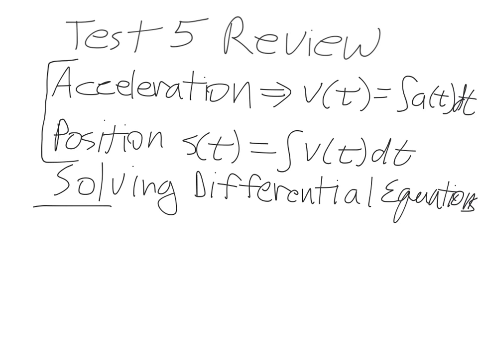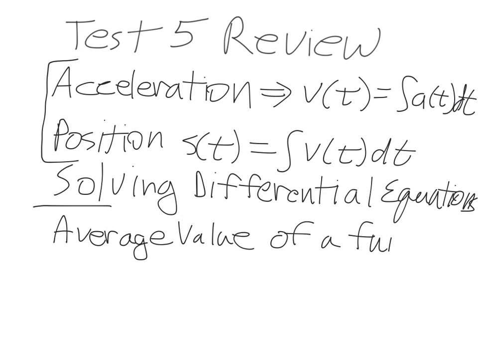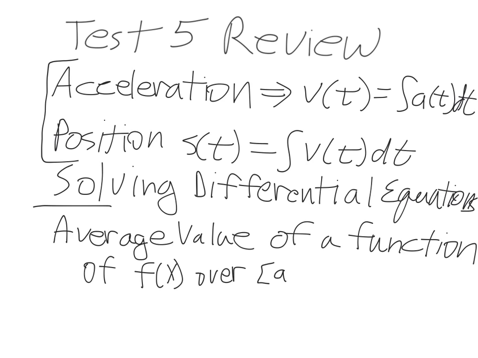The next one was the average value of a function. To find the average value of a function, say f of x over some interval, we'll just generalize it here, from a to b, maybe it's from 0 to 3 or from 5 to 25.